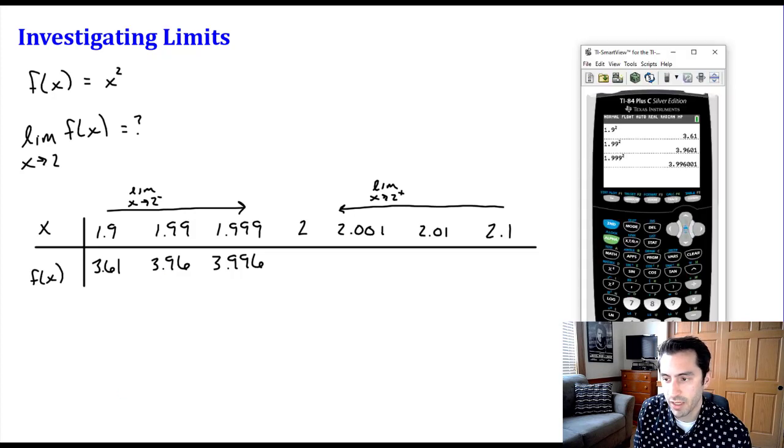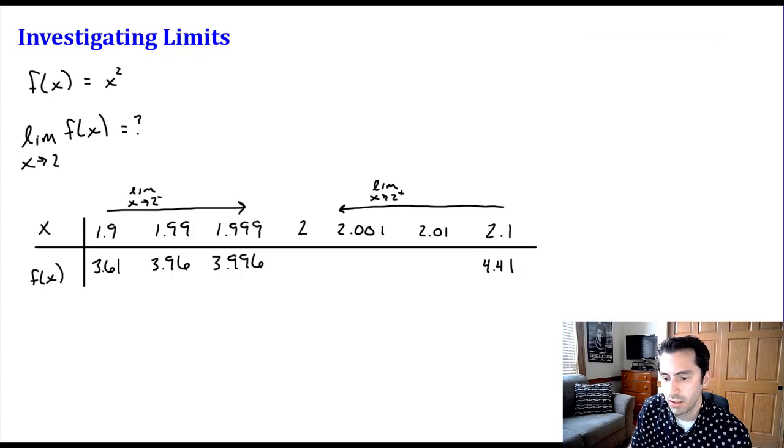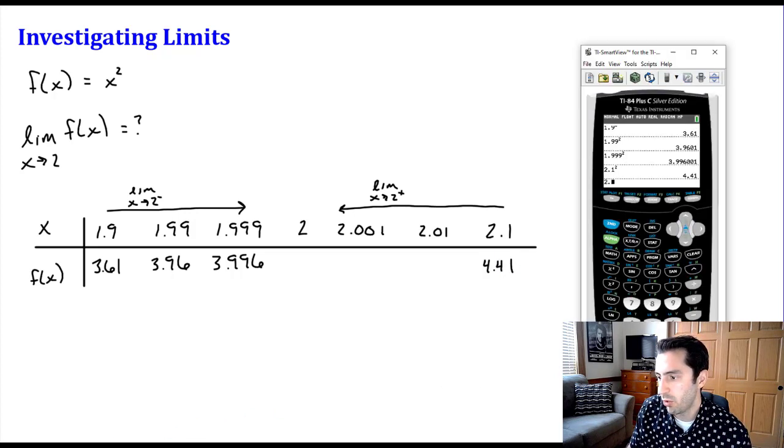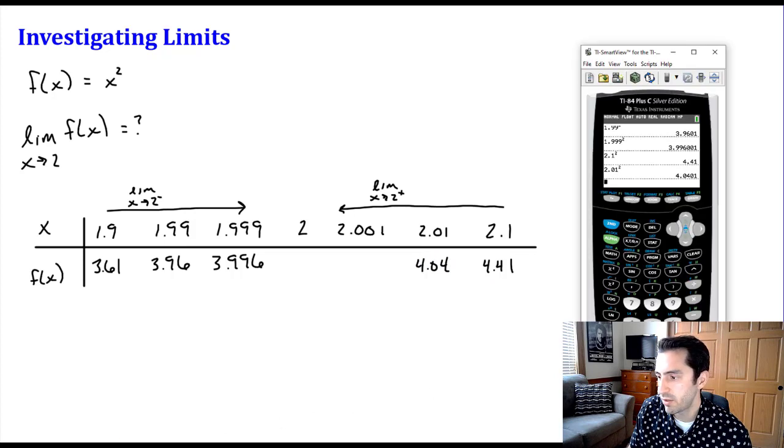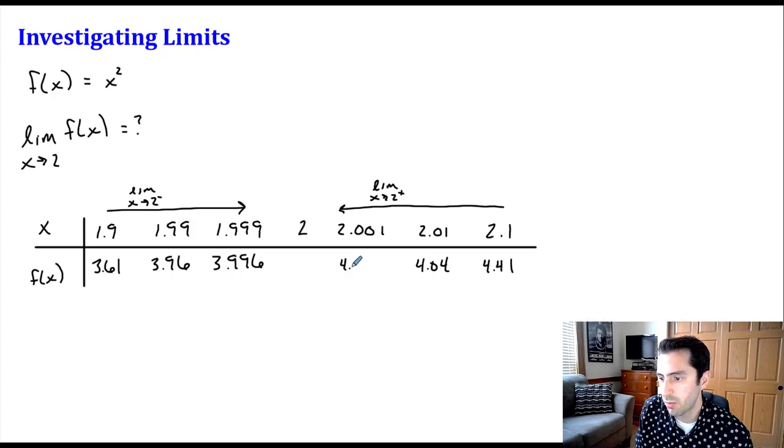Let's do our right-hand side now. So 2.1 squared, we end up with 4.41. Our next one, if we do 2.01 squared, we're at about 4.04. And our last value, 2.001 squared, we get a value of about 4.004.